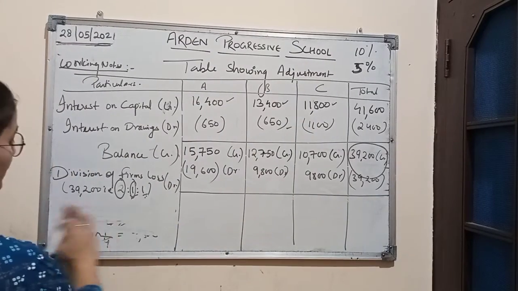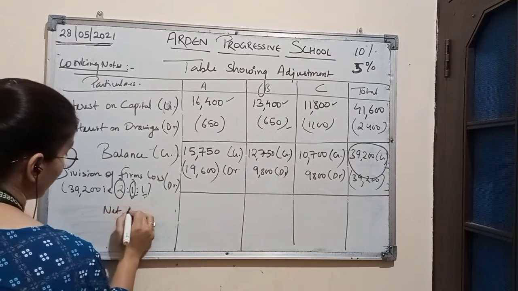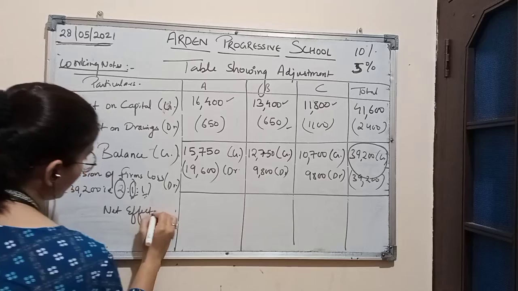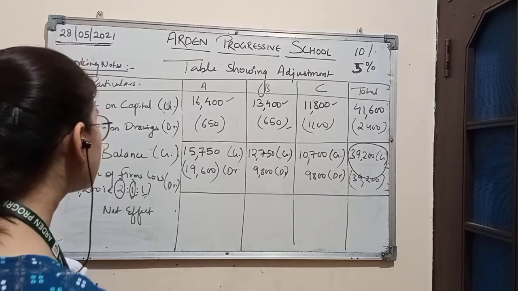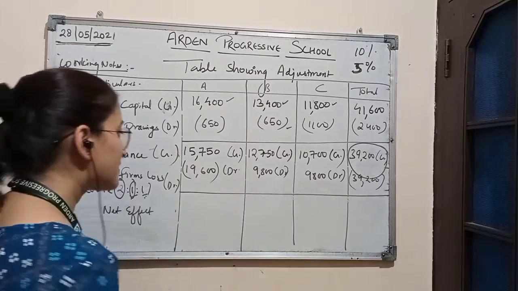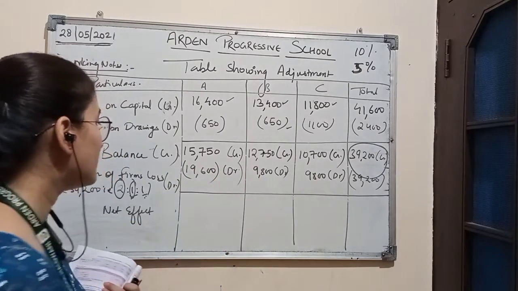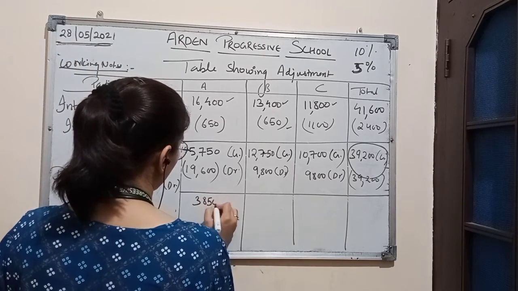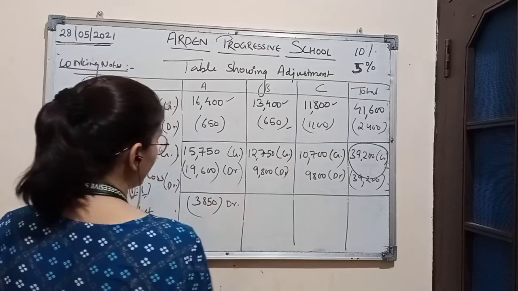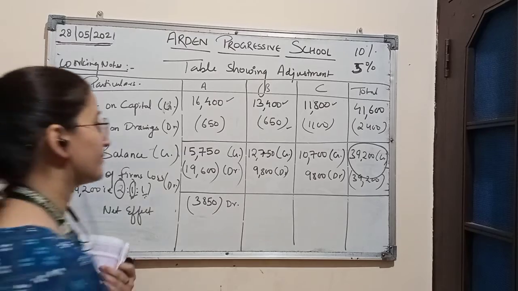So now here we will see what will be the net effect, or the difference of debit and credit balance. So as we can see here, in A's balance, debit balance is exceeding the credit balance with the amount 3,850. It is a debit balance for partner A. That means this amount is to be paid by partner to the firm.